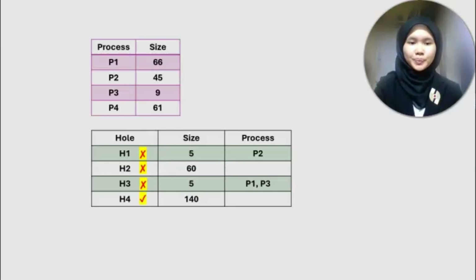The best hole for P4 is H4, which has 140 units available. After allocating P4, we are left with 79 units of unused space. As we can see, even though the algorithm tries to minimize space, there is still some unused memory left.